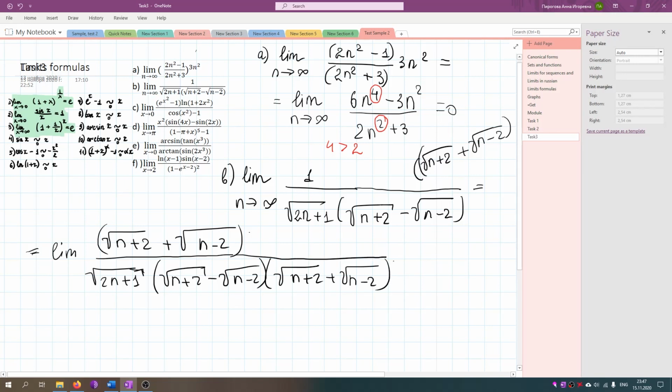As I said, we have a formula in the bottom, with n converging to infinity.